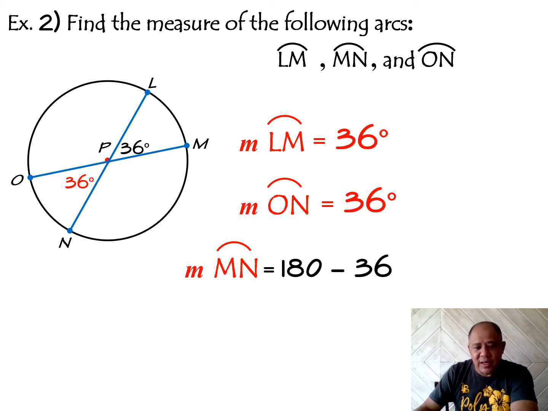So you take 180 minus 36, and you can find the little piece of the other half of the circle, which would be 144 degrees. So MN is 144 degrees. And there you go. We found all three angles, 36, 36, and 144. Now it's your turn to go ahead and try number 2 on your own. Pause the video so you can try it on your own.